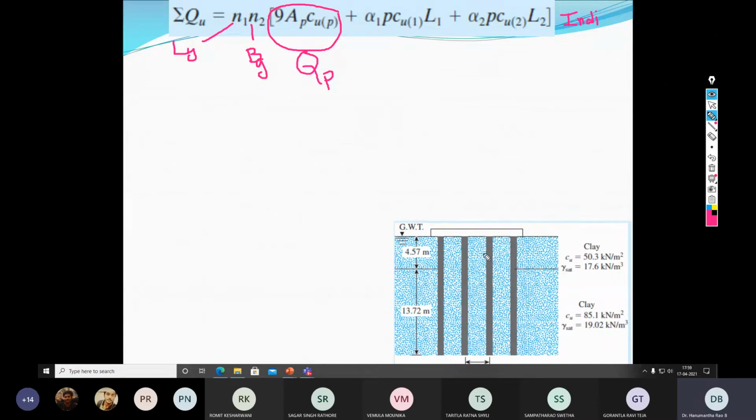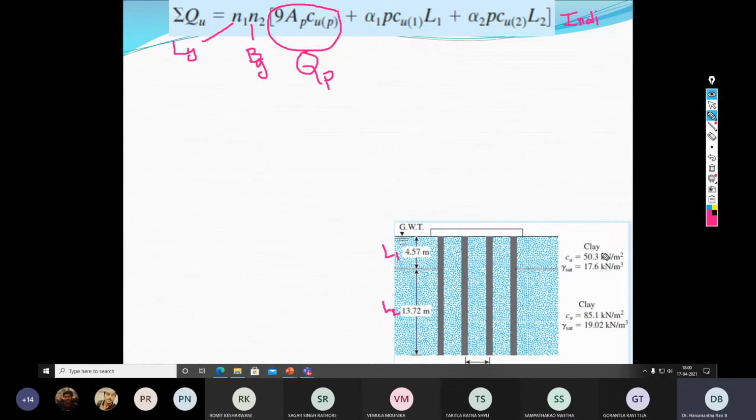Then since there are two clay strata, strata 1 and strata 2, we can treat two different lengths, L1 and L2. L1 has a depth of 4.57 meter and L2 has a depth of 13.72 meter.